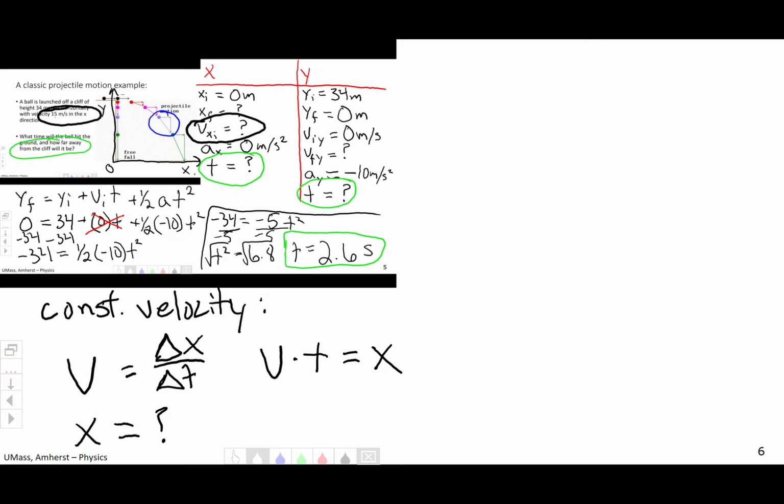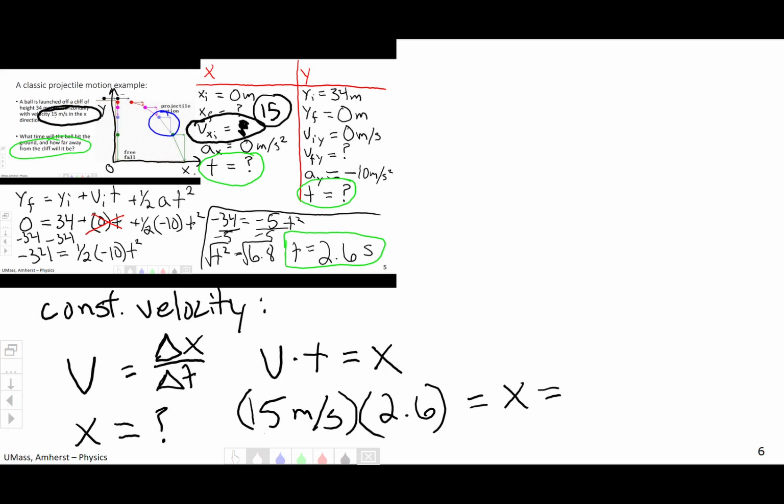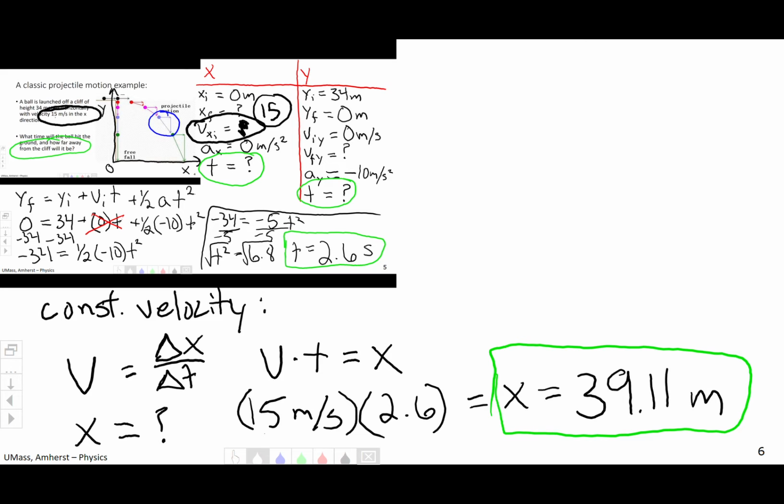Oh, I made a mistake. Our v should not be vx, and it should not be a question mark. That should be 15, as it was stated previously. So we have 15 meters per second multiplied by time, and that gives us our distance, which is 39.11 meters. 39.11 meters. And that's it.